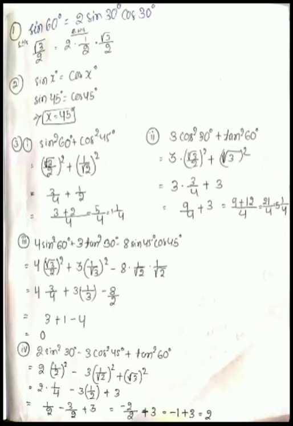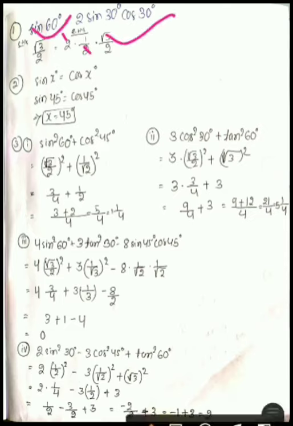So LHS is sin 60, that means root 3 by 2, and RHS is 2 into 1 by 2 into root 3 by 2. So therefore, LHS equal to RHS. If you cancel out these two, root 3 by 2 and LHS, you will get root 3 by 2. And this is the proof. And number 2, just do it yourself.